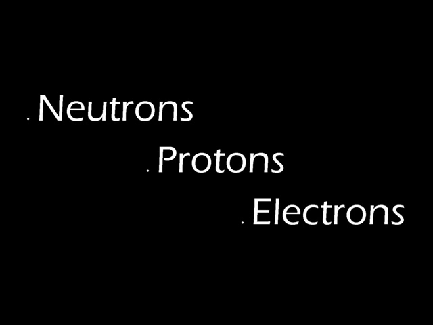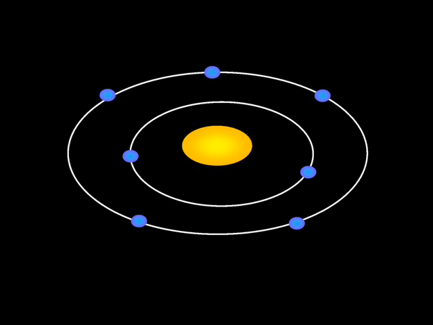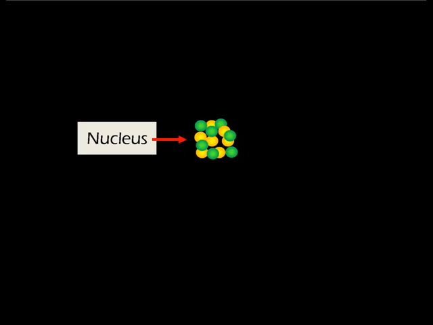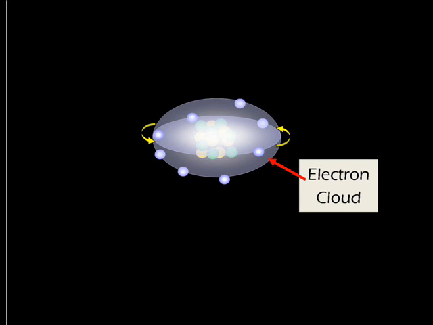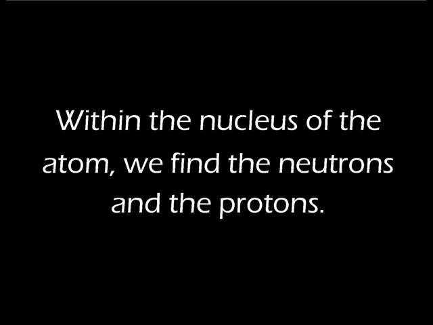It's believed that atoms are like mini solar systems. The nucleus in the center of the atom corresponds to the sun in the center of our solar system. The electron cloud corresponds to the planets circling the sun. Within the nucleus are found two of the subatomic particles, the protons and the neutrons.